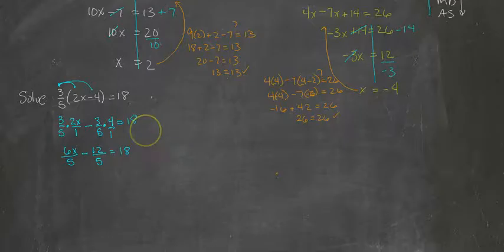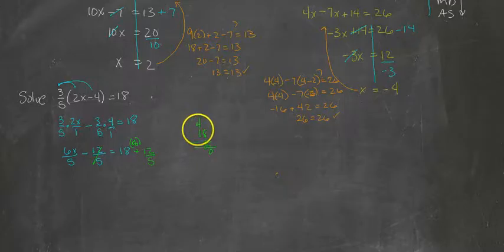Now I can start to add and subtract things to both sides. So I can transpose negative 12/5 into a positive 12/5. Now I have to find a common denominator. 18 times 5. 5 times 8 is 40.